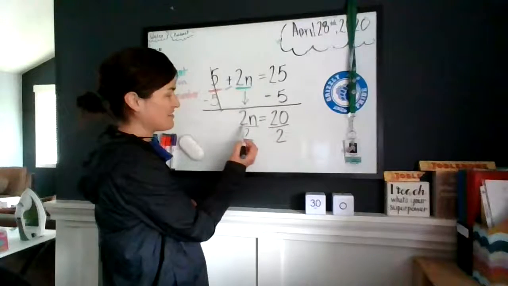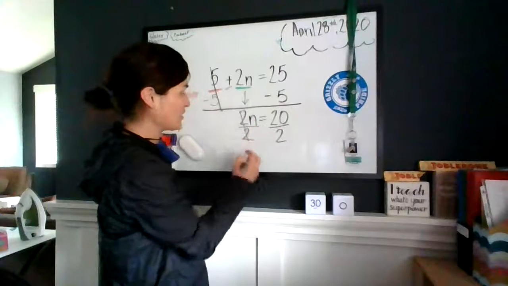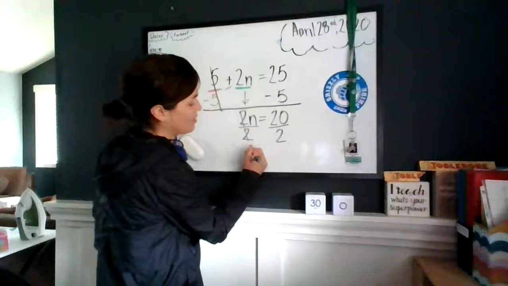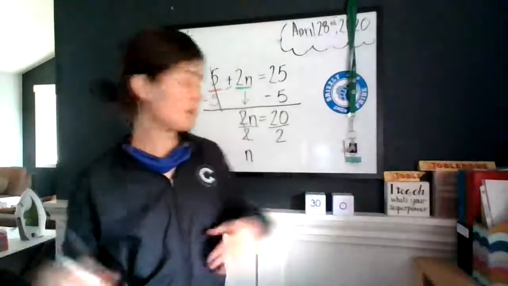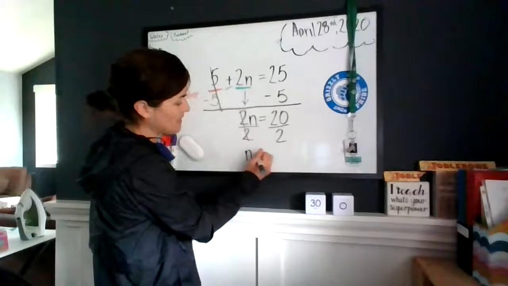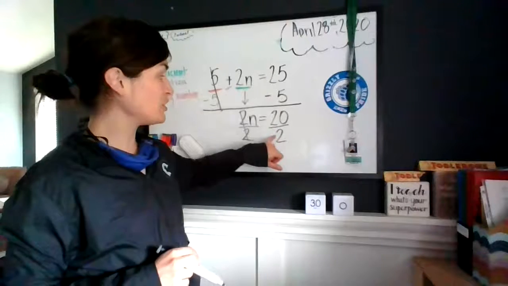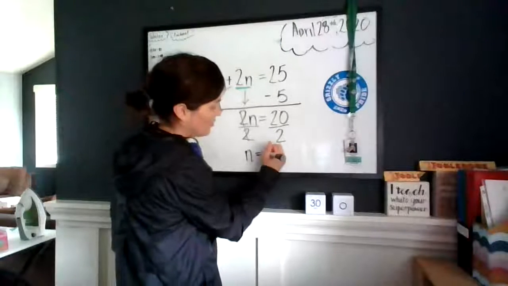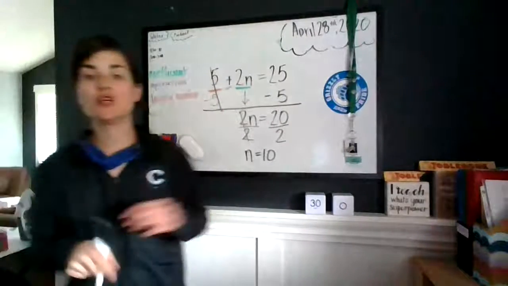So I know that when I divide 2 by 2, I get 1, so that cancels out, and I have my unknown variable, n, all by itself, and that was the goal, right? We wanted to determine the value of n, and so now we have n all by itself. And when I divide 20 by 2, I'm going to get a quotient of 10, right?